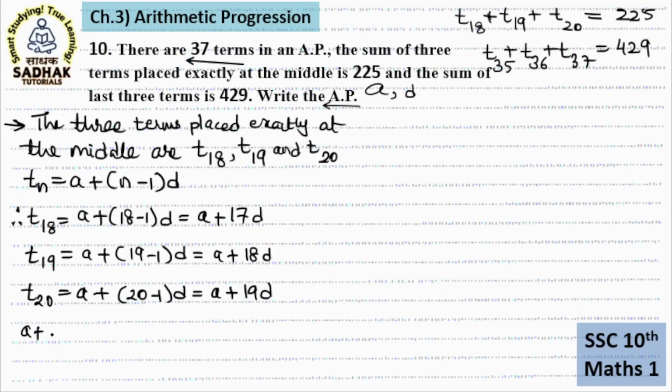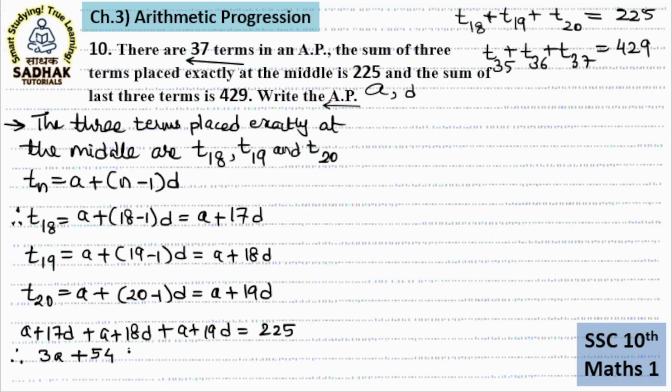So A plus 17D plus A plus 18D plus A plus 19D, okay, is equal to 225. So when we add these things, we will get A plus A plus A, that is 3A, okay? 17 plus 18 will give us 35. 35 plus 19 will give us 54.